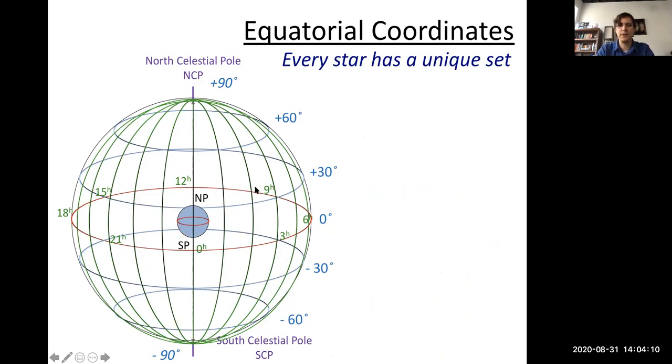So we have how far north and south, and how far around and around. Up and down and around and around. Sounds kind of familiar. Put them all together and you can see I've made this grid system for our celestial sphere. Let me show you how we can actually use this to put stars and give them their unique addresses. Because remember, the stars are very far away, so they remain fixed in the sky on human timescales.